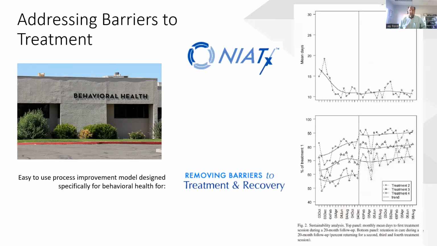And what we found simply was that just by doing this, we were able to not only significantly reduce wait time, how quickly people were able to get in and get an appointment, by 37%, about a half a day a month. And we were able to significantly improve the number of people who made it from their first to their second and their first to their third treatment session. Those increases ranged between 12 and 18% of the population.